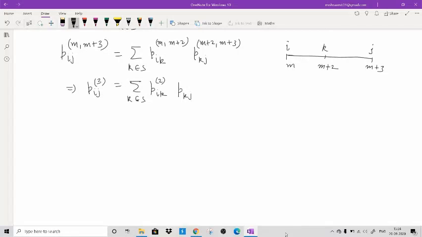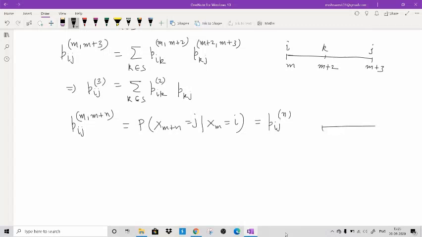So in general, all the higher order transition probabilities will be independent of m. We can write P_ij(m, m+n), for example, as the probability that X_{m+n} is j given that X_m equals i. You can say that this only depends upon n, that means the difference between m and m+n.